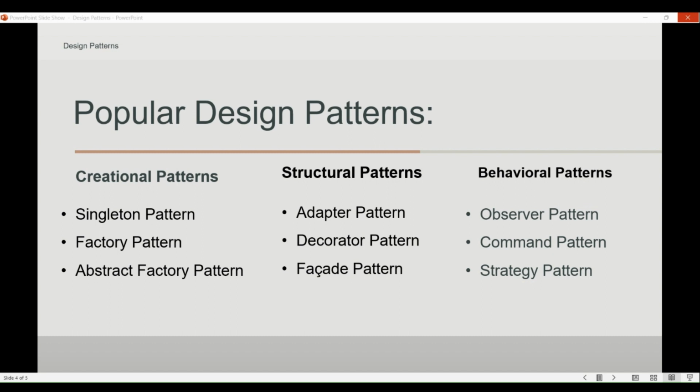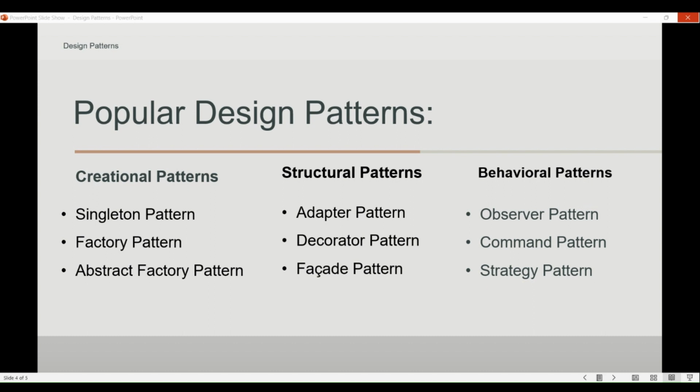Similarly, under the behavioral patterns category, the most popular one is the observer pattern. This pattern defines a one to many dependency between objects so that when one object changes its state, all its dependents are notified and updated automatically.